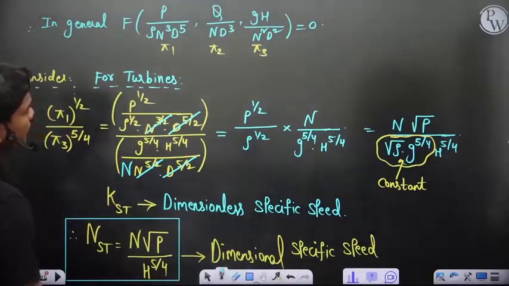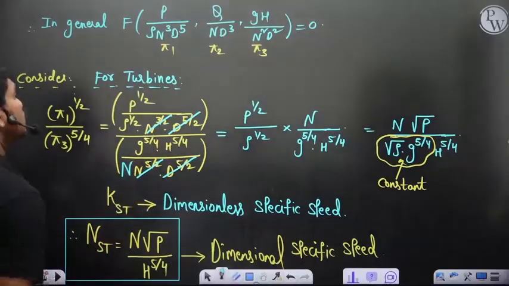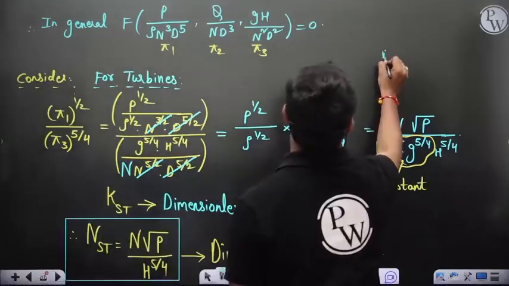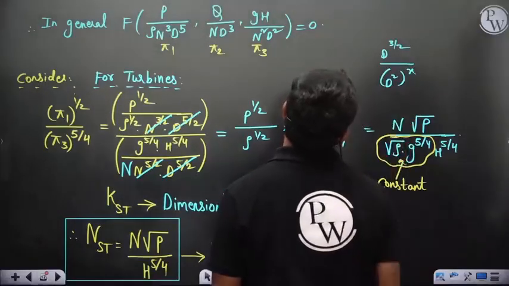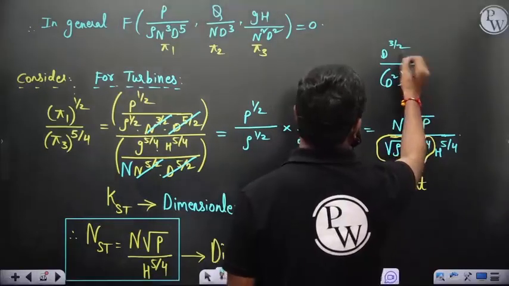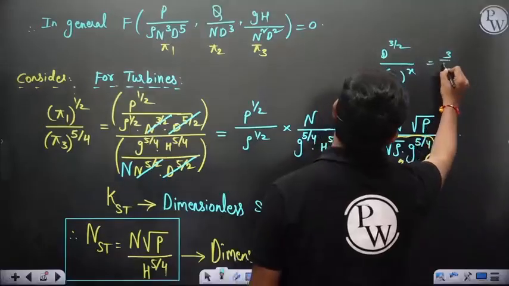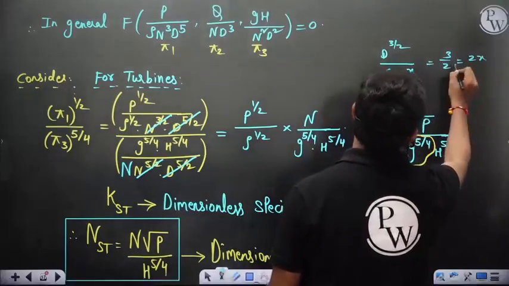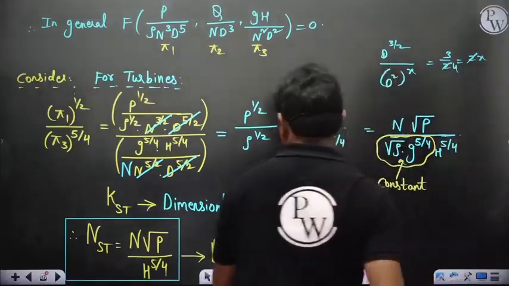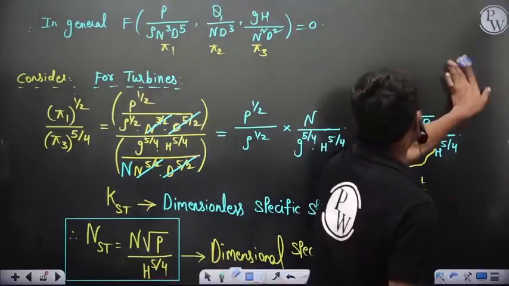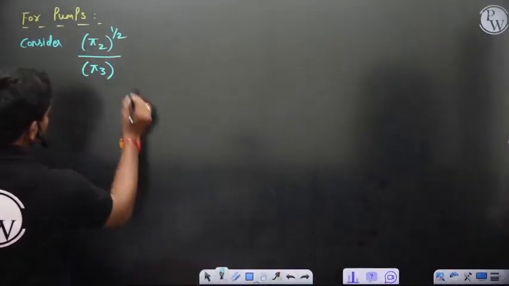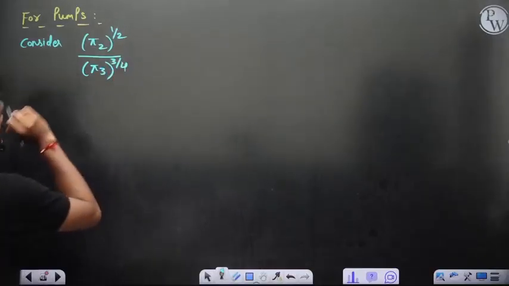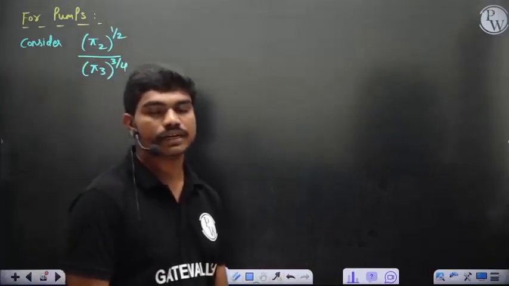So to eliminate this d power 3 by 2, you have d power 3 by 2, then you have d square whole power x if you want. Then if you want to delete this diameter, 3 by 2 should be equal to 2x, then x should be equal to 3 by 4. So then diameters gets eliminated obviously.